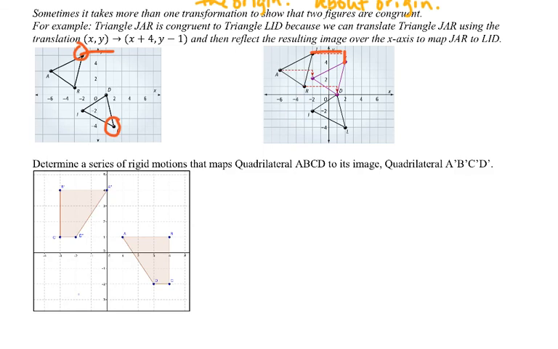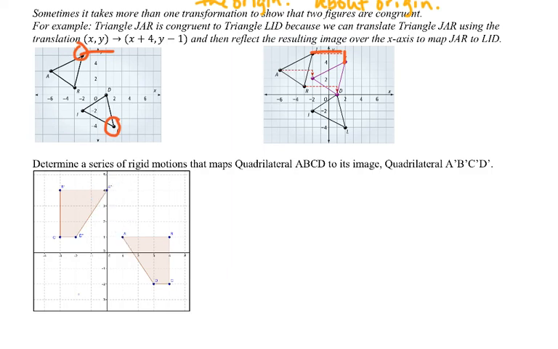Okay, so these are kind of tricky to do. We need to figure out how we can get the first shape without the primes, the pre-image, onto the image. So let's take a look at this one here. We have A going to A prime.